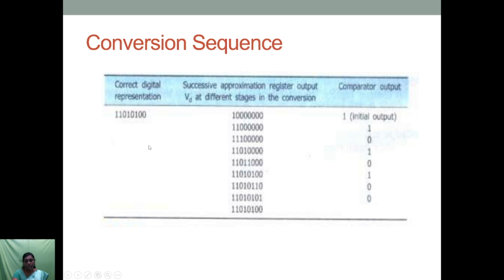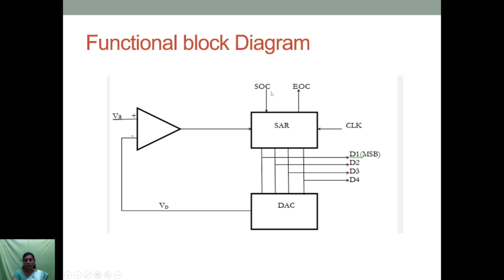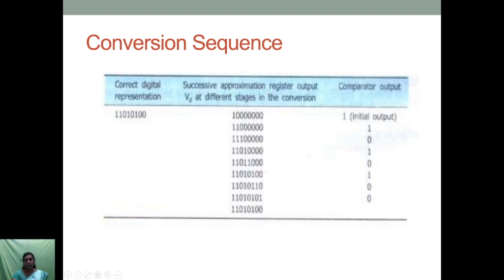Whenever we receive the start of conversion signal, the MSB bit is set as 1. The remaining bits are set as 0. So now the output of the 8-bit converter will be 10000000.